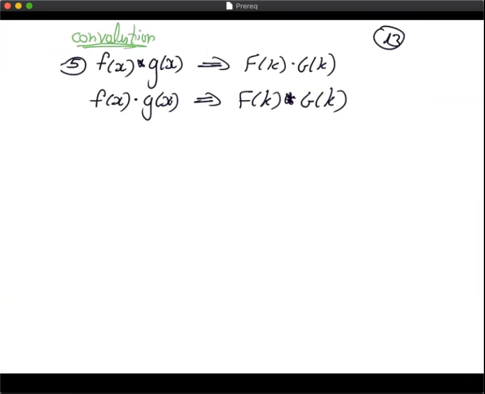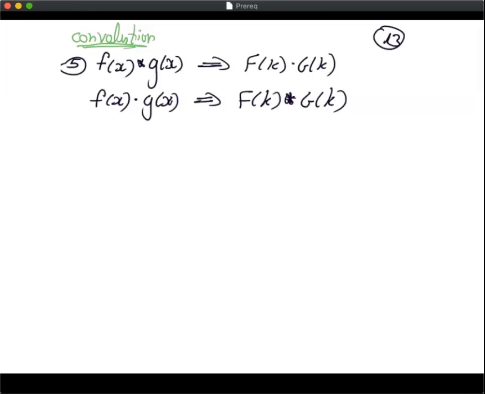Okay, so talking about convolutions again, if you have a convolution between two functions and you compute the Fourier transform of that convolution, it is the same as computing the Fourier transform of one function, computing the Fourier transform of the other function, and then pointwise multiplying those two together.